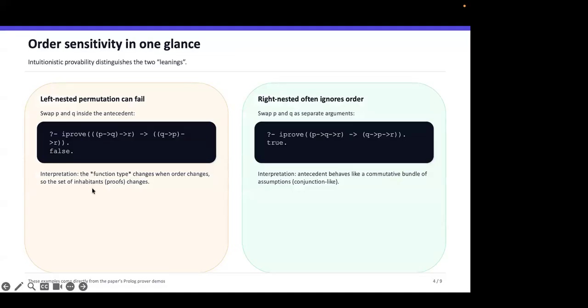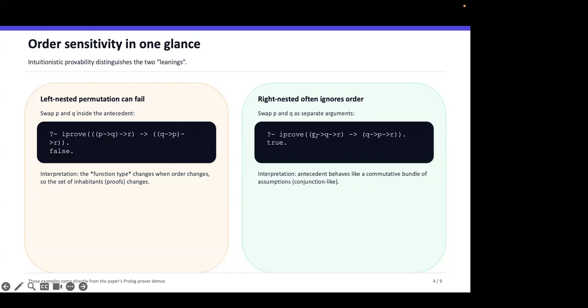I have in the paper and also on the GitHub site a complete code of everything I'm talking about. There is a theorem prover for this subset of implicational logic. And when we look at the little relation here, P implies Q implies R versus Q implies P implies R, if you commute the elements inside the nested implication, that would not hold.